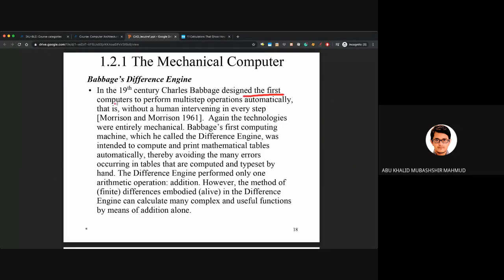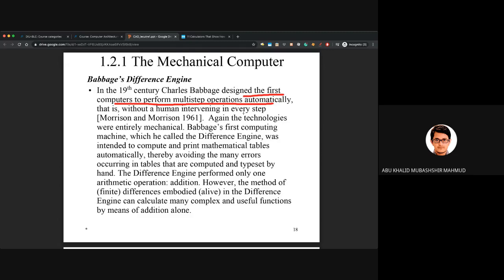I repeat this because it signifies the difference between the previous machines and this difference engine: it works without human intervention in every step. We are familiar with supervised and unsupervised work. So this is the first ever computer that performs multi-step operations automatically.